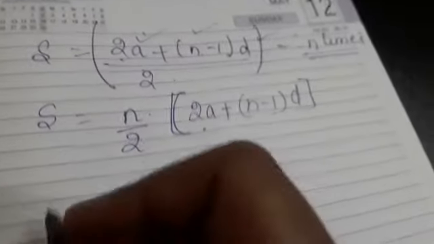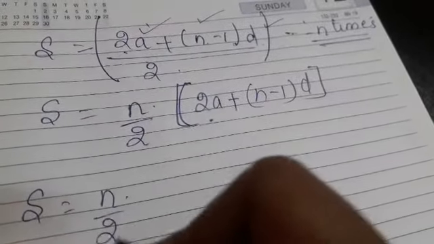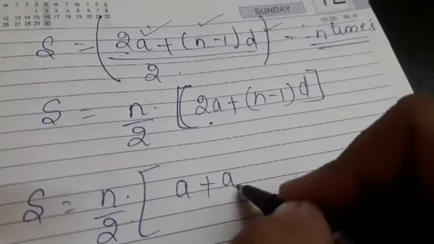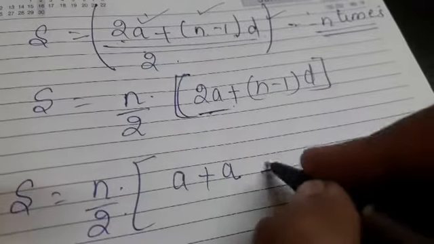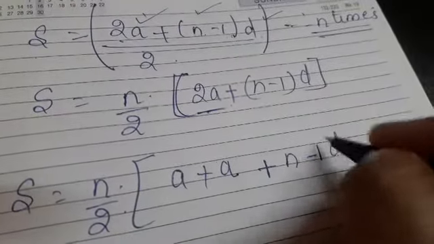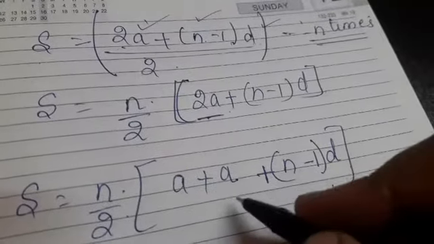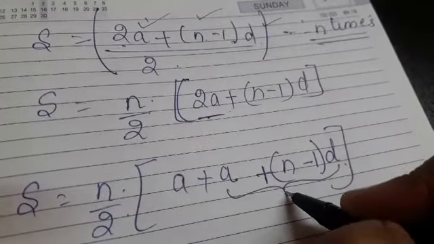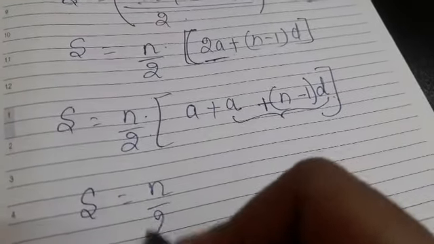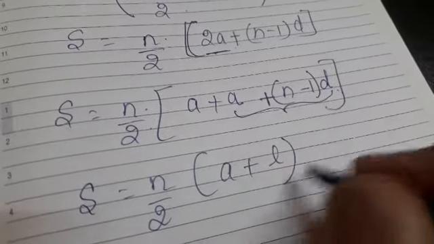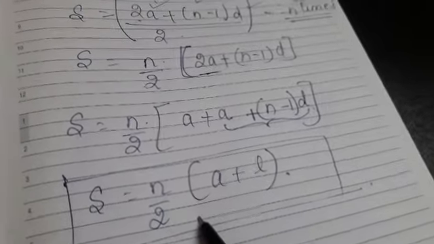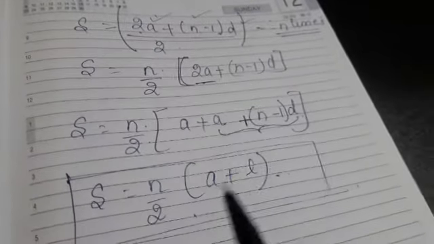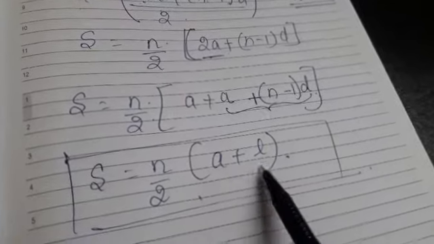Therefore, S is equal to n by 2 into a plus a, since 2a I break up as a plus a, and then plus n minus 1 d. Now children, as you know, a plus n minus 1 d is the last term, so this formula can also be written as n by 2 into a plus l. So there are two formulae to find the sum of the first n terms of an AP, depending on whether you have the last term or not.